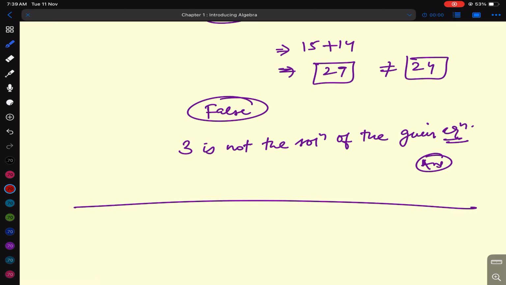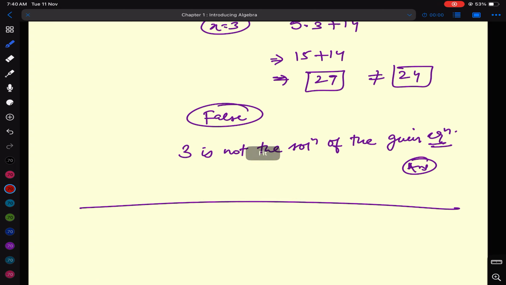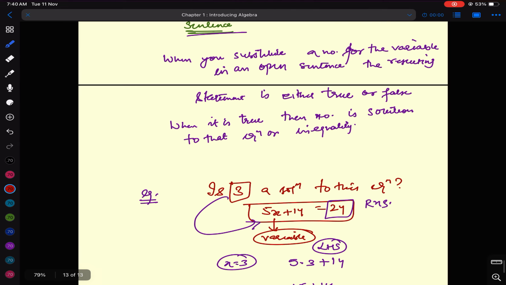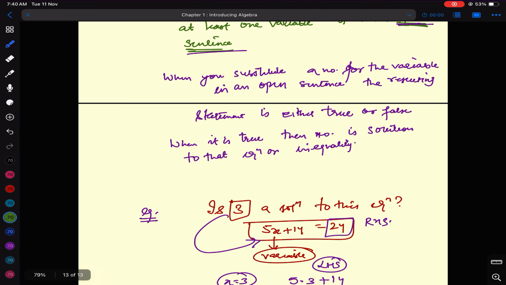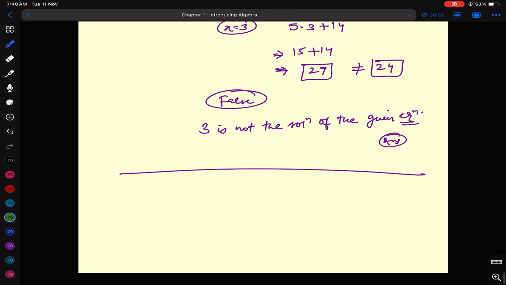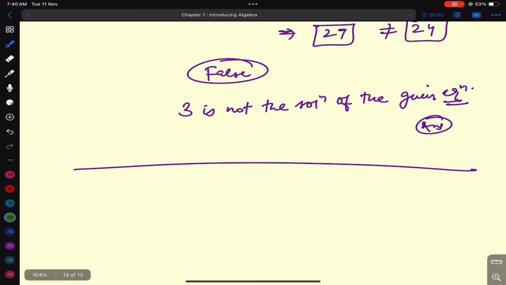So the next example is going to be the open sentence based on inequality.